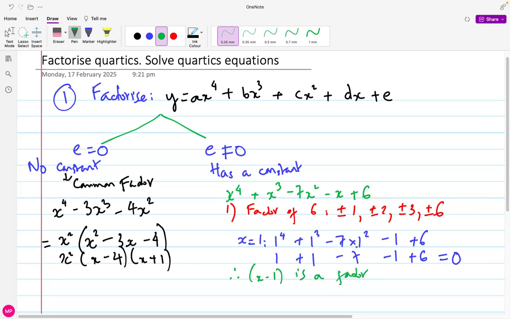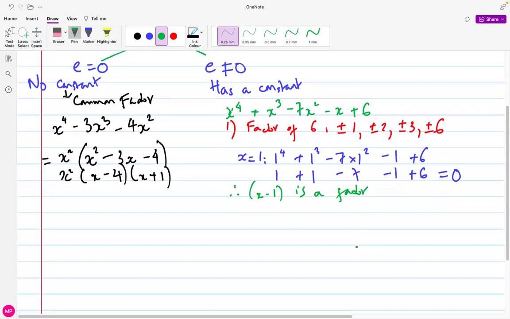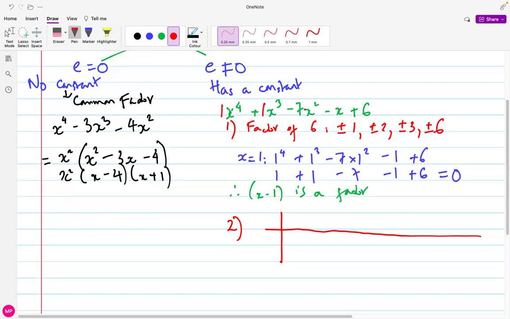Then your next step is you're going to find the quotient. So the next step is you're going to do long division using the table. Here you're going to list out all the coefficients of the quartic. So you have 1, 1, -7, -1, and 6.